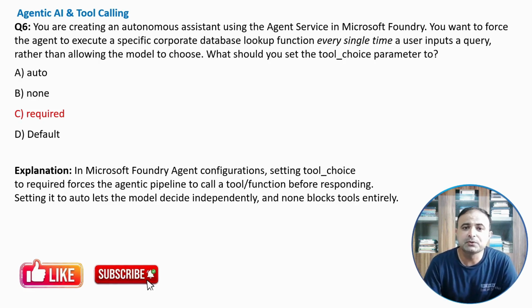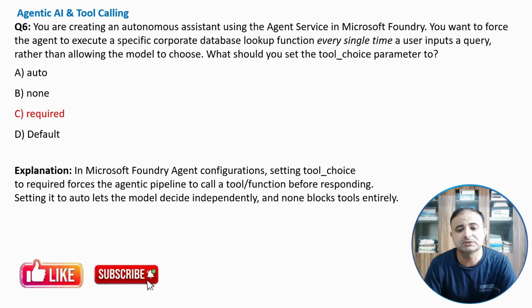Agentic AI and tool calling. What are agents? What is a connector? How do agents and connectors work? What are tools? So you are creating an autonomous assistant using an agent service in Microsoft Foundry. You want to force the agent to execute a specific corporate database lookup function every single time a user inputs a query, rather than allowing the model to choose.